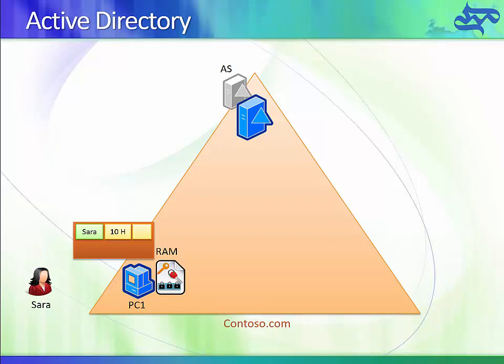After that, the client will try to create another packet. Inside the packet, the client will place quite a number of pieces of information. The very first information will be TGT, so TGT will be copied from the RAM inside the packet. After that, UPN, and after that, expiry time is placed within the packet.